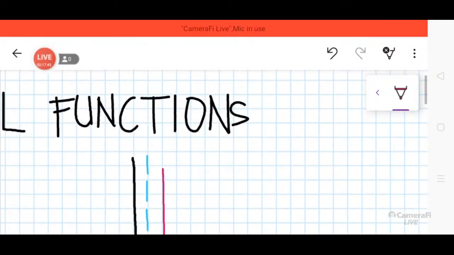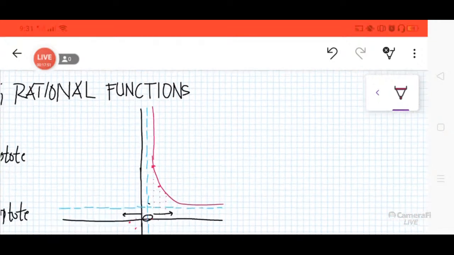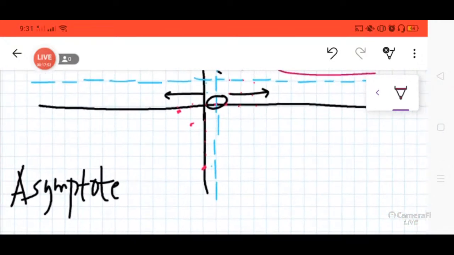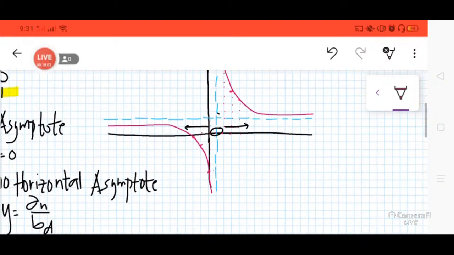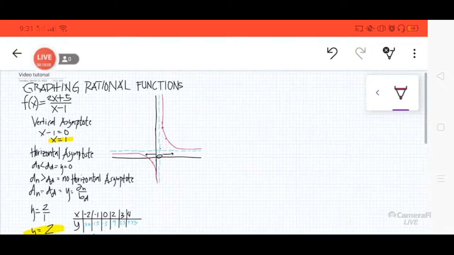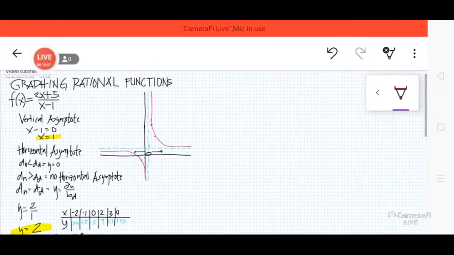And for this side, it must be like this. So this is our graph for this rational function, 2x plus 5 over x minus 1.